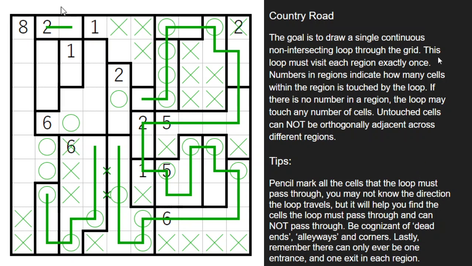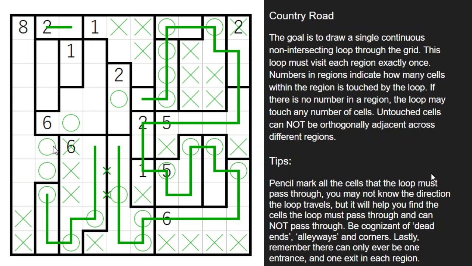I think if this comes down, I think this has to enter into the 8 region. Right? 1, 2, 3, 4, 5, 6, 7, 8. So it can't enter here, because we'd run into a problem. Because if the loop started there, 1, 2, 3, 4, 5, 6, 7, yeah, this wouldn't work, because that would be a dead end.